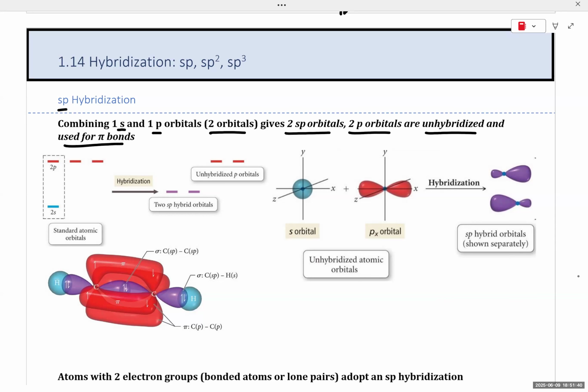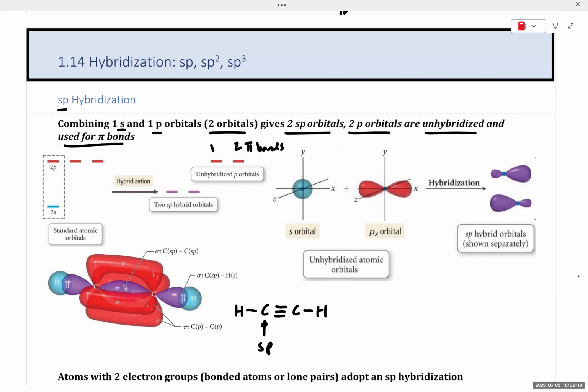An example of a molecule containing a carbon with an sp hybridization would be acetylene, which looks something like this. This carbon atom has an sp hybridization, and as you notice, these two unhybridized p orbitals can be used to form 1, 2 pi bonds.